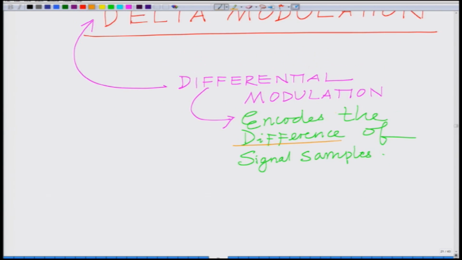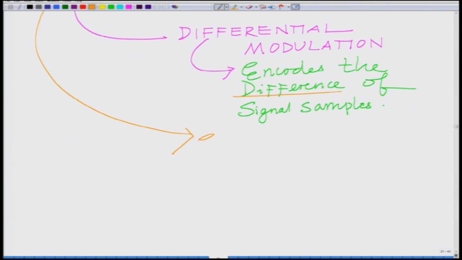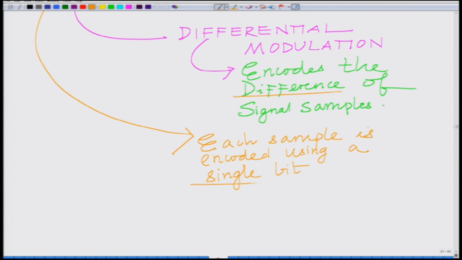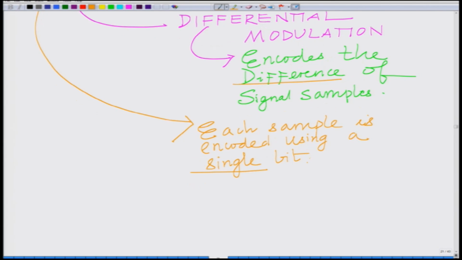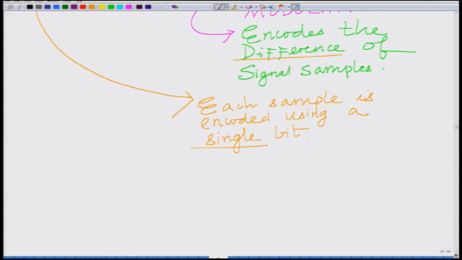Further, if you look at delta modulation, each sample is represented only using a symbol. Each sample is encoded or quantized using a single bit. Hence, this is a very efficient scheme. Hence, it results in a very low bit rate.